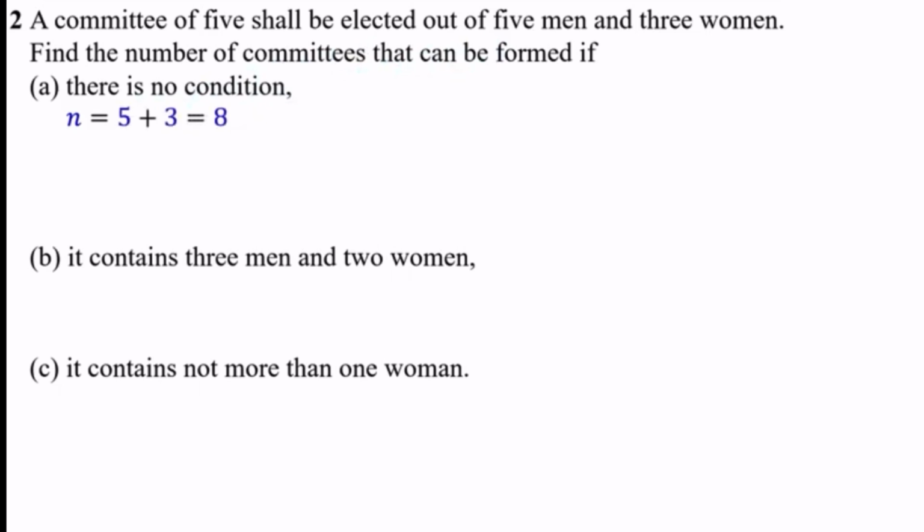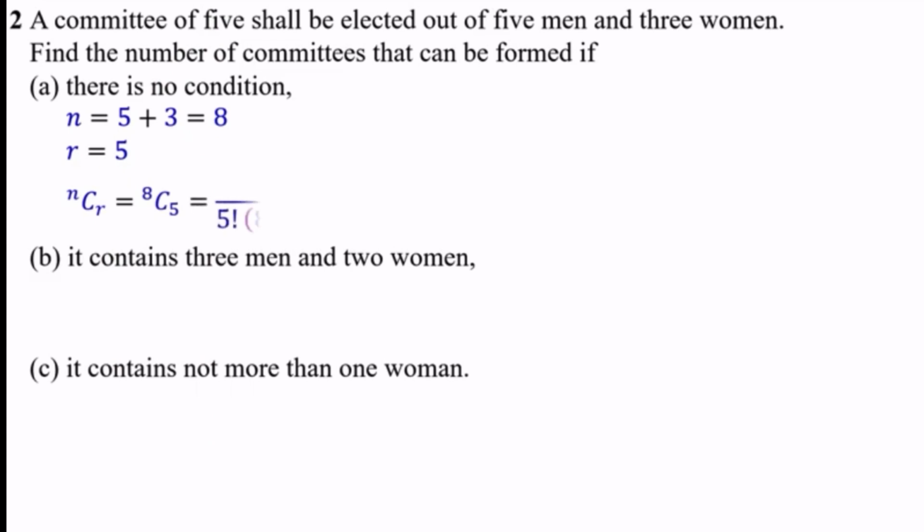The committee consists of 5, so r is equal to 5. So 8 is the n, r is 5. We will use the formula nCr, which is 8C5, so that means 8 choose 5 to form a committee of 5 members.